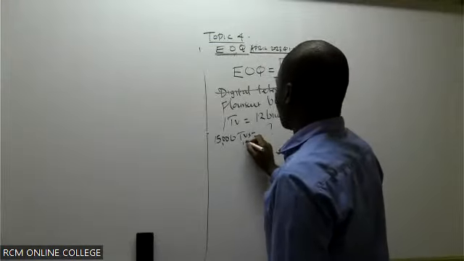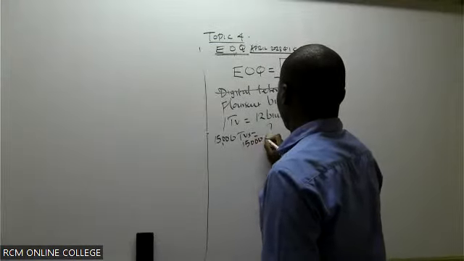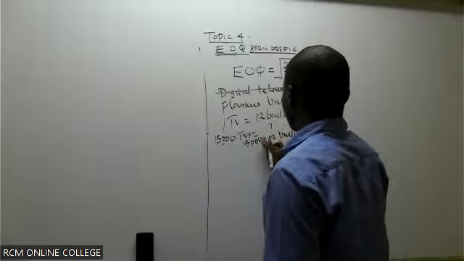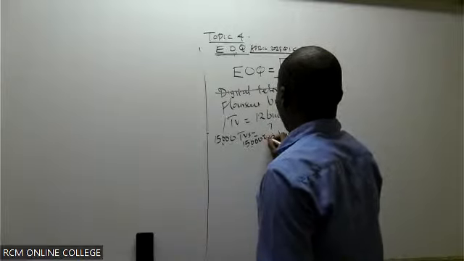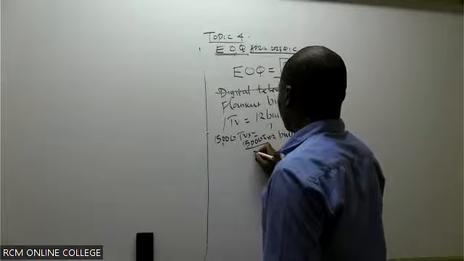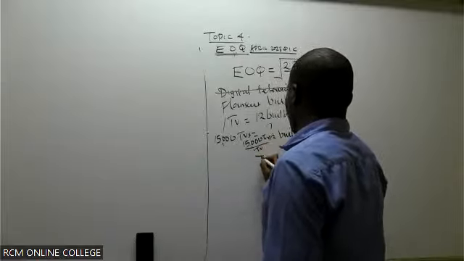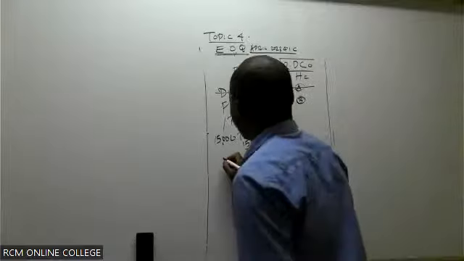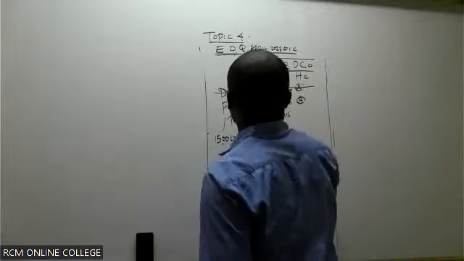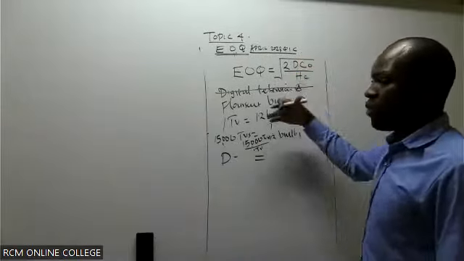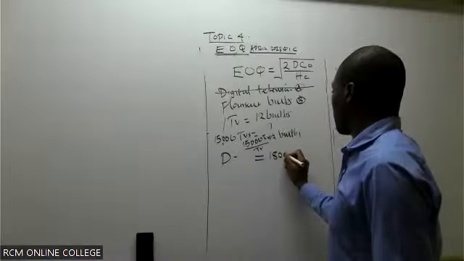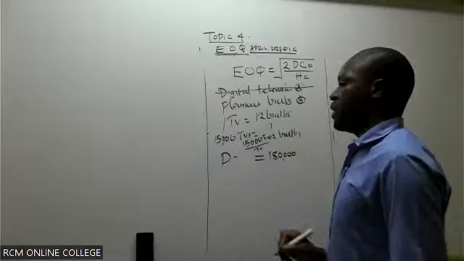That's what we need to start with. So the total number of bulbs for the entire year, that is what we call D in our formula. Annual demand is equivalent to 180,000.